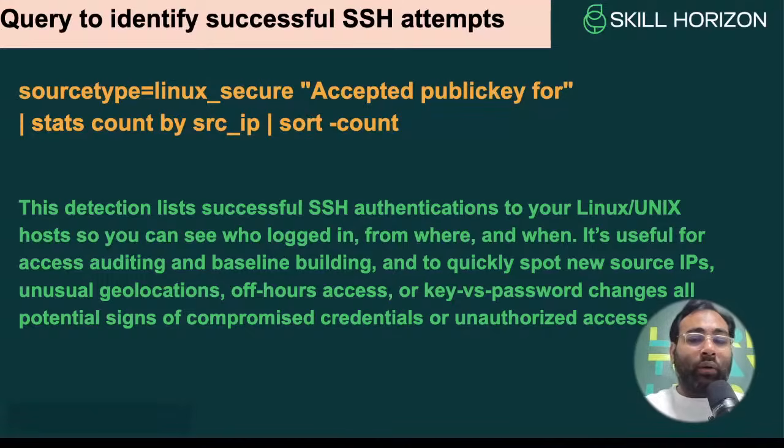Suppose you only allow your users to access SSH in a particular time, but you are seeing successful SSH attempts during off hours, suppose at night. That might be an indication that someone is taking advantage, right? Or some key versus password changes; these are all potential signs of compromised credentials or unauthorized access.